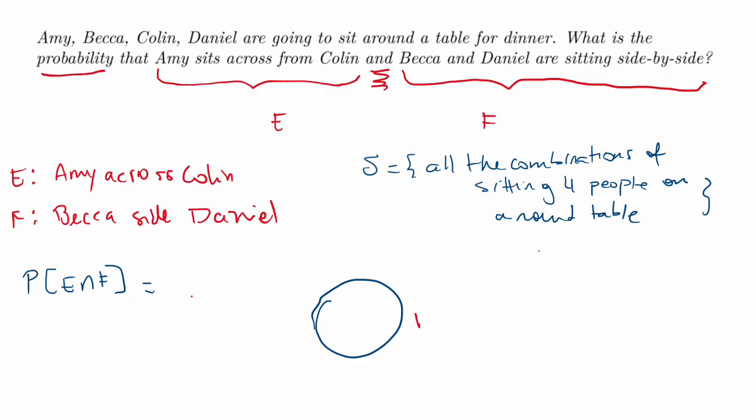So let's work out an example of this. Amy, Becca, Colin, and Daniel are going to sit around a table for dinner, a round table. What is the probability that Amy sits across from Colin and Becca and Daniel are sitting side by side?